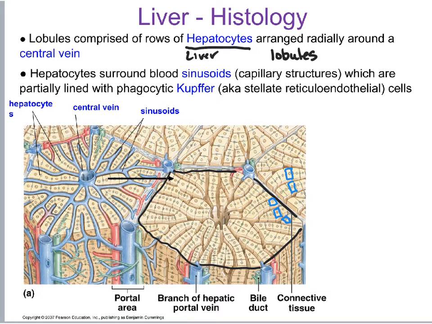It's going to detoxify that blood and ensure that that blood has the proper contents or the proper concentration of enzymes and nutrients, and doesn't contain things that are toxic like alcohol, or it can also monitor the blood for any pathogens you may have ingested.